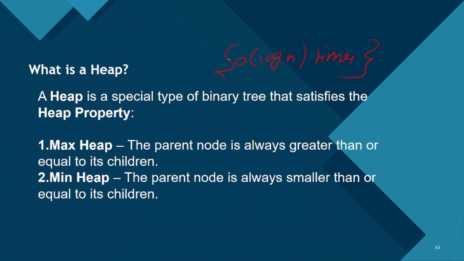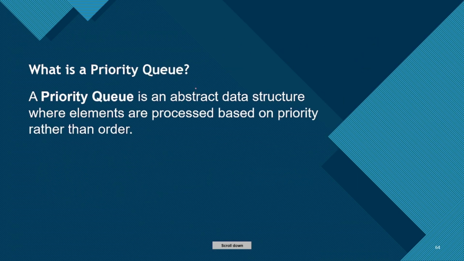Okay, it's important. The next question is, what is a priority queue? It means a priority queue is an abstract data structure where elements are processed based on priority rather than order. Okay, it can be implemented using a heap to ensure efficient insertion and deletion.